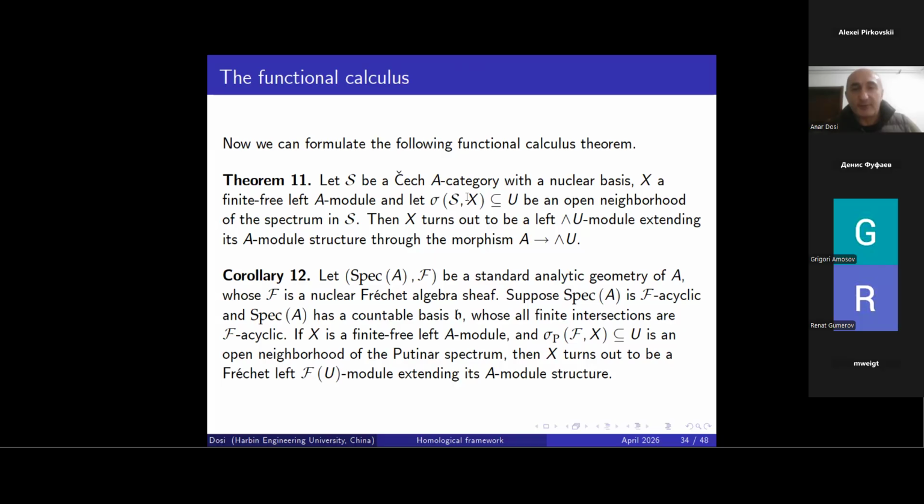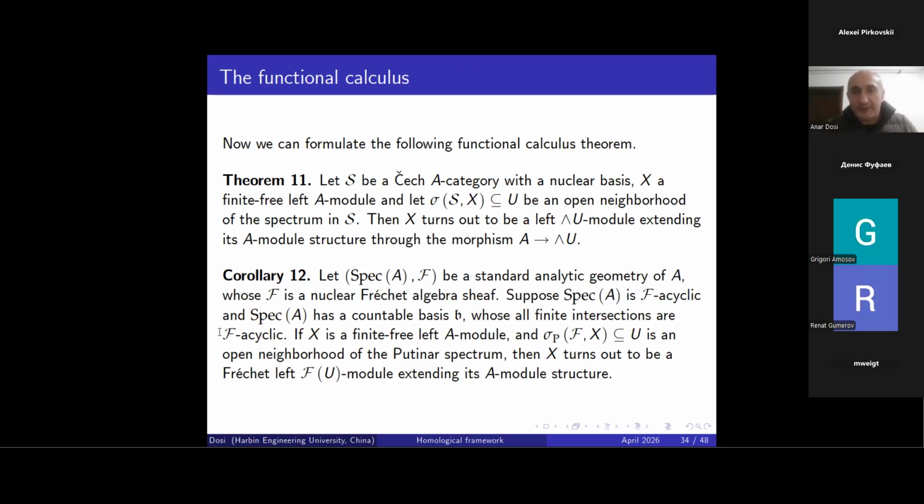Recall that this spectrum is not a Putinar spectrum. Inside we have algebras here. Well, the corollary is known, in the case of a standard analytic geometry with the presence of a nuclear Fréchet algebra sheaf, then we know this result.